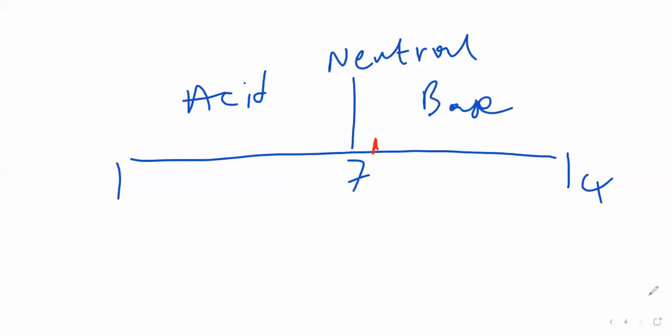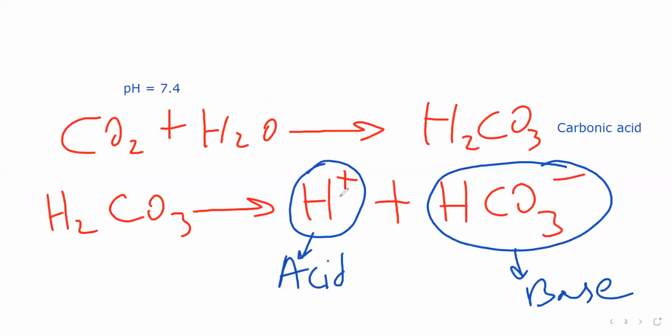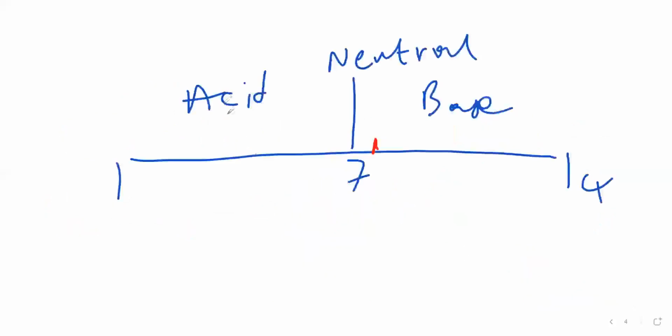But then, when we have an accumulation of hydrogen ions that have been produced here, since hydrogen ions bring about acidity, it means that when hydrogen ions increase, the acidity as well will rise.